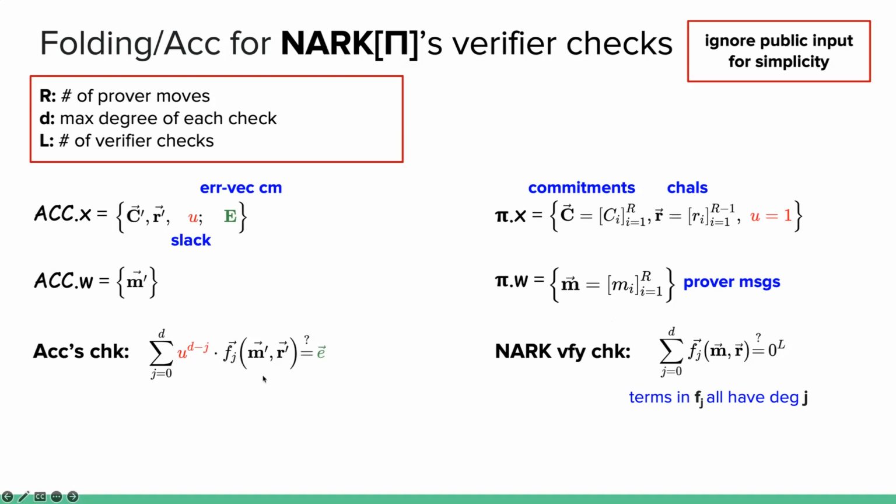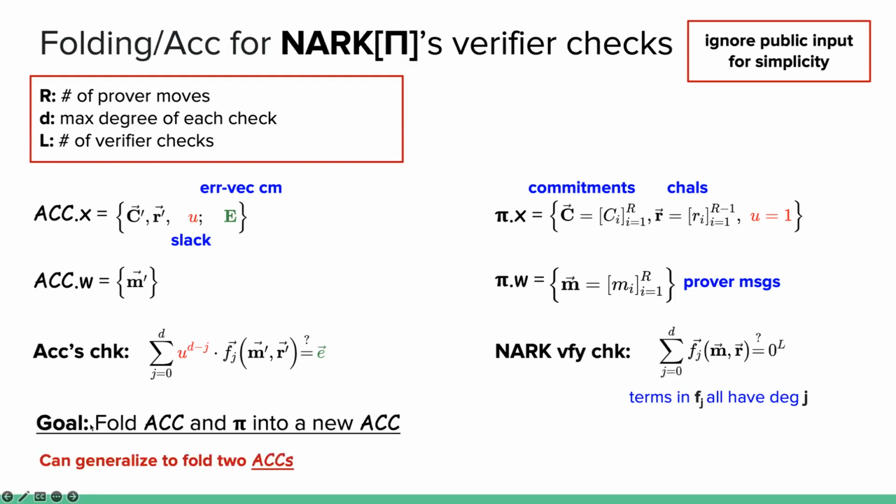That's the first change, which makes it a homogeneous equation where every term has the same degree D. And the second is that for every equation, the evaluation doesn't need to be exactly 0. It's okay to have some relaxed error here, so long as this error vector is consistent with the commitments in this accumulator instance. Okay, so those are the two key differences.